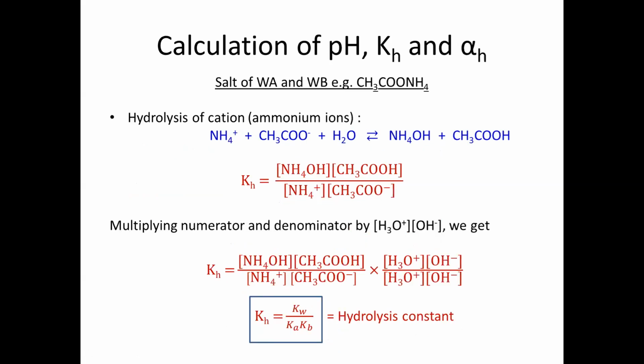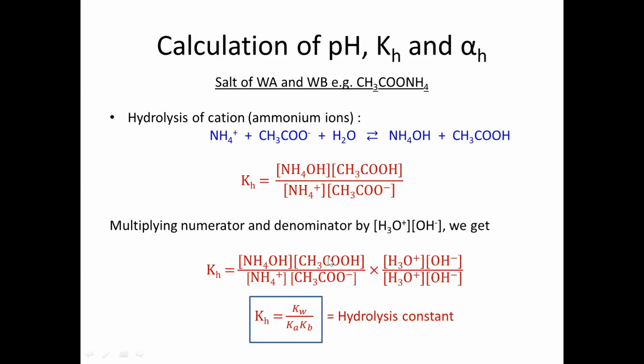Now, to find the hydrolysis constant in terms of Kw, Ka and Kb, we rewrite this expression of Kh and then we multiply the numerator as well as the denominator by both the H plus ions as well as the OH minus ions. We do not have any H plus or OH minus ions in this expression, so we multiply the numerator and denominator by both these ions, and we get that the product of H3O plus and OH minus ions will be equal to Kw.